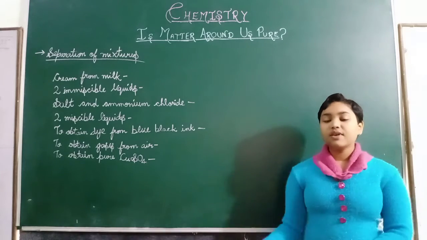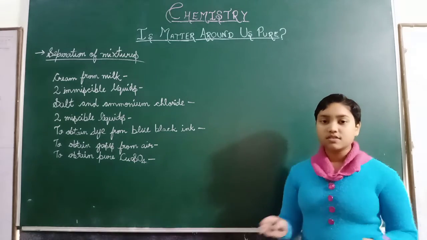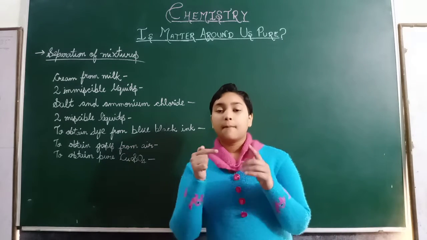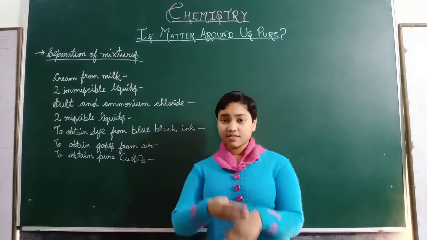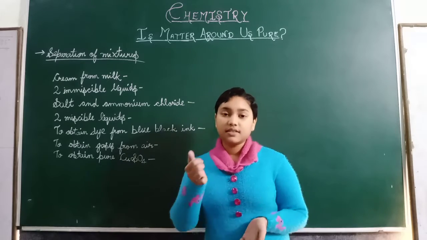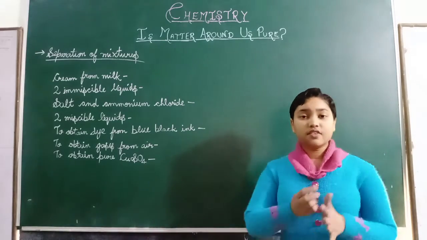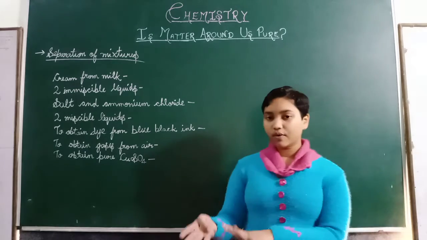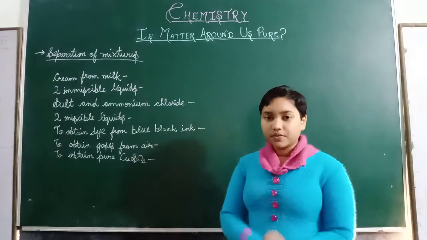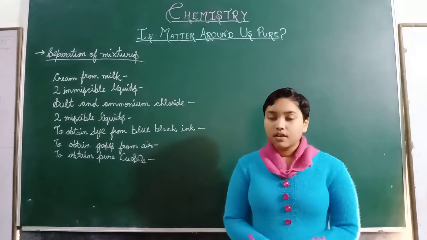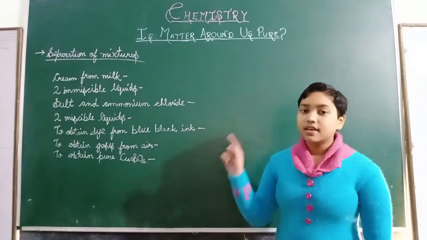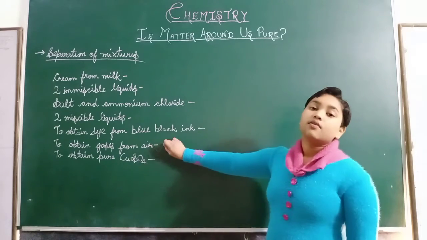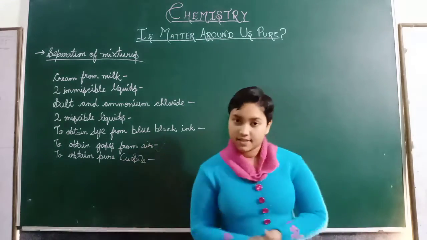For example, if we want to separate oxygen from the air, we have to find out its liquefaction point, meaning after condensing under high pressure and lower temperature, it will liquefy. The oxygen will become liquid. So by liquefying the air, we can obtain the different gases.